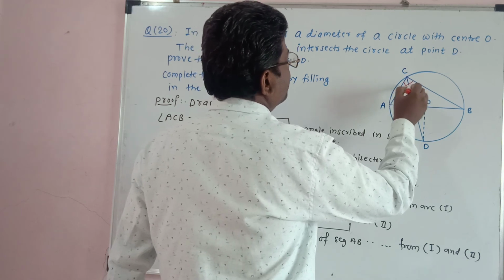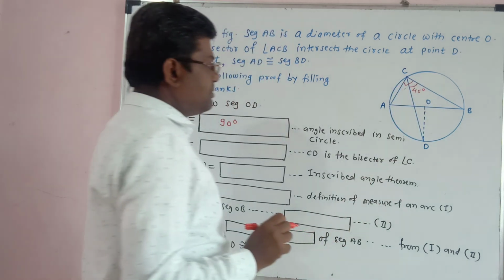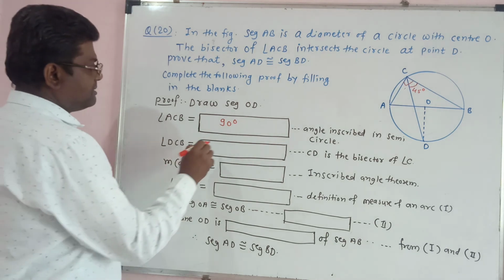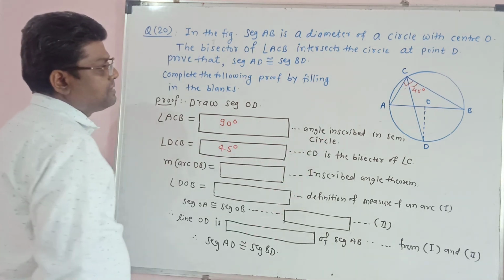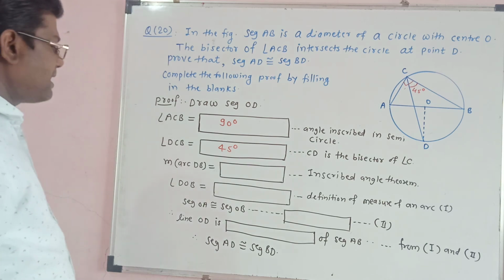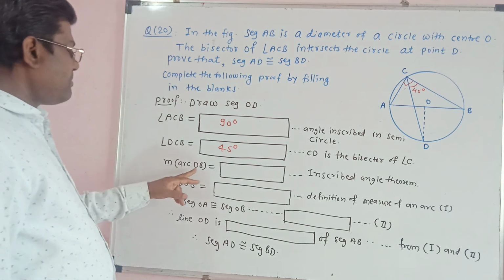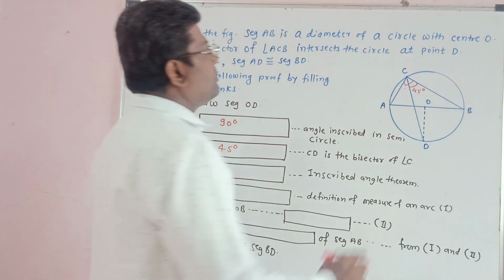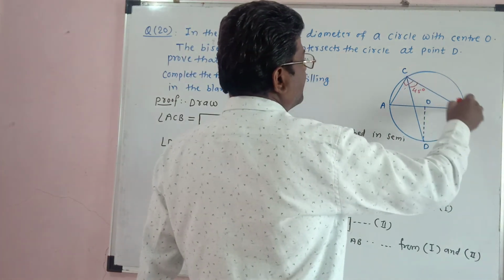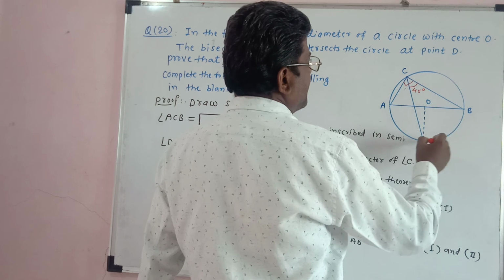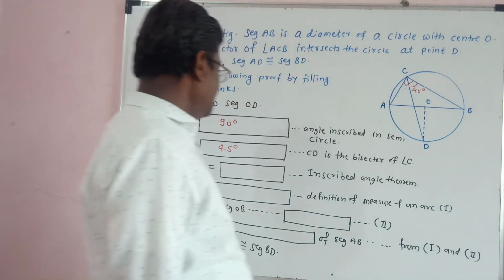Reason is CD is the bisector of angle C. Angle DCB intercepts the arc BD.